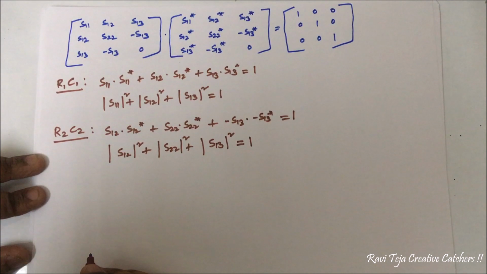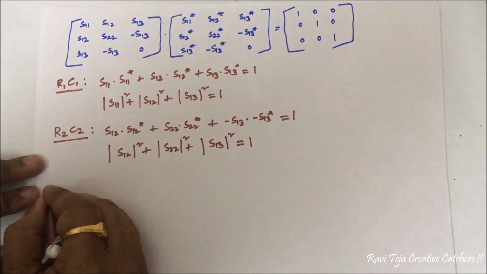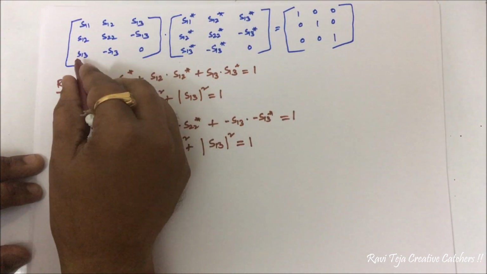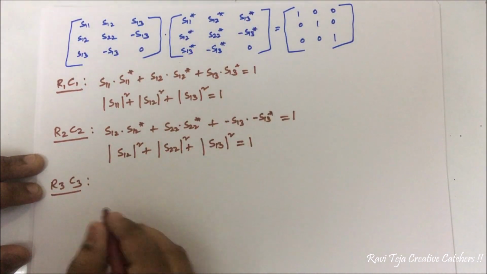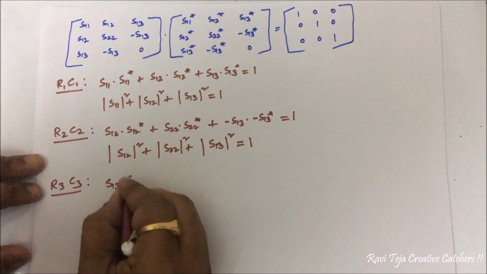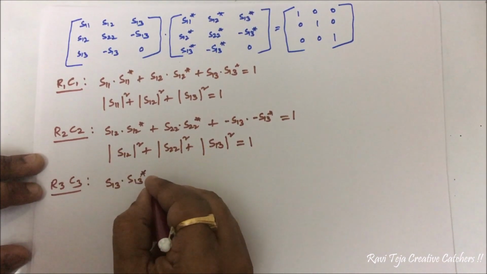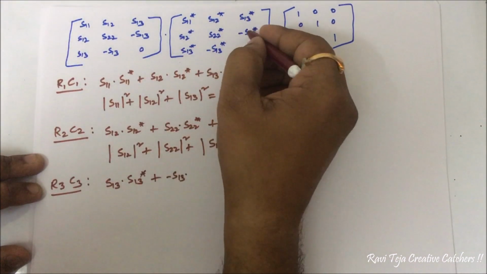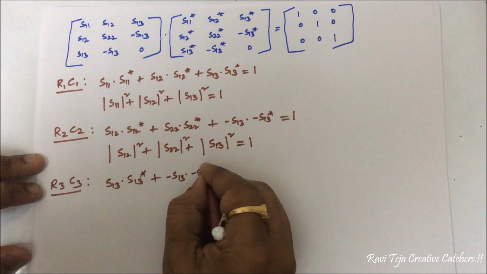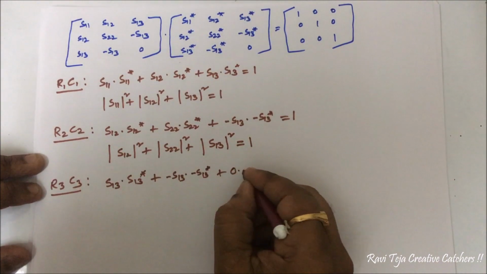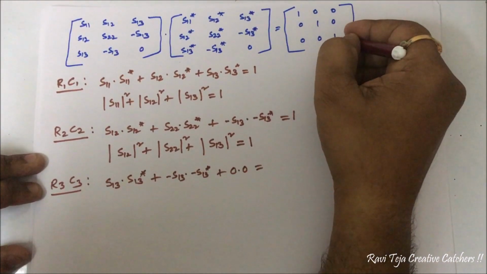So let's consider row 3 and column 3. Now let's write it: S13 into S13 star plus minus S13 into minus S13 star, plus we have 0 and 0 at the two places, which is equal to the identity matrix entry 1.